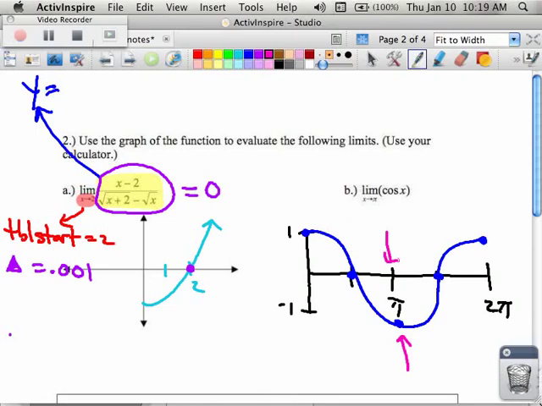Y values. And as I come in from the right-hand side of the graph, the numbers bigger than pi for the x values, and I trace the graph, my y values are getting closer and closer to -1. So the answer is that my limit is -1. That's the y value that I get closer to as my x value gets closer and closer to pi.